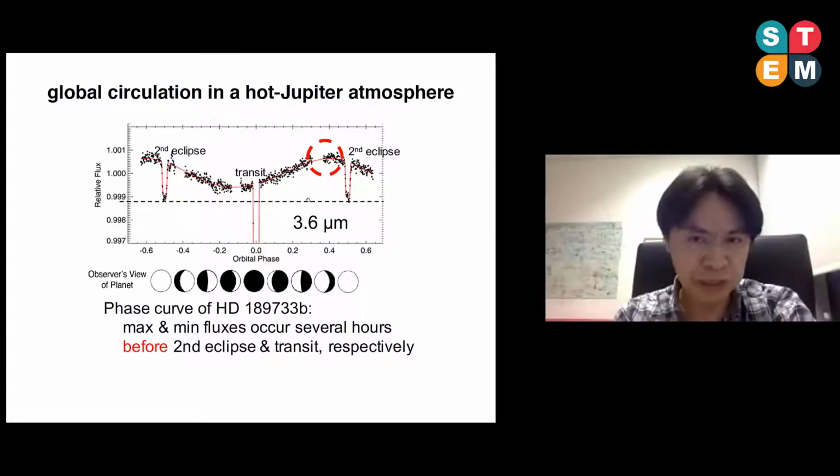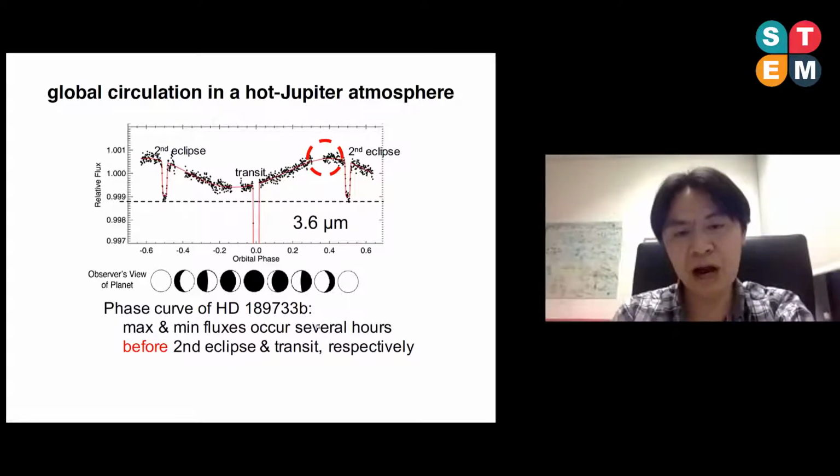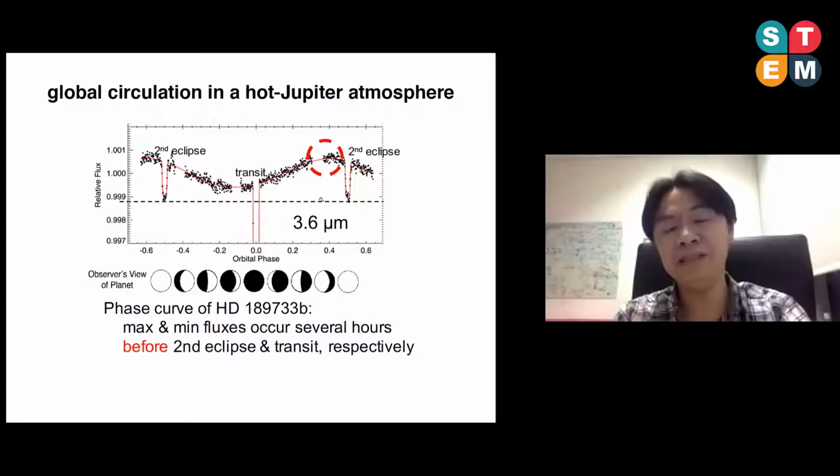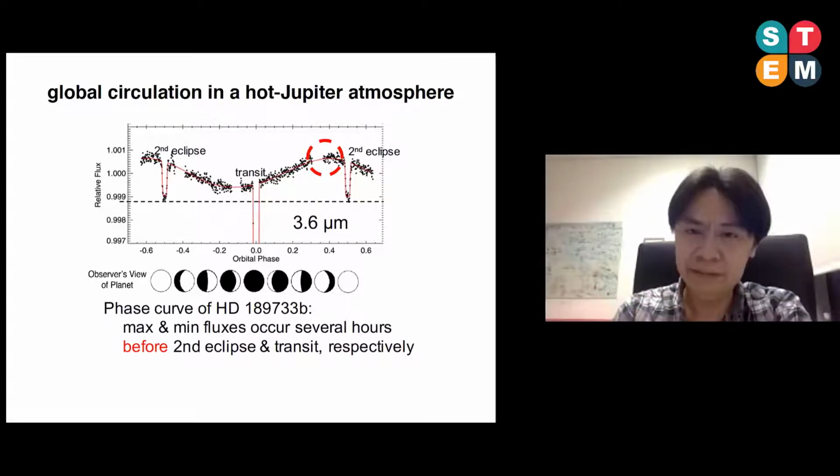But what is intriguing is that the maximum flux from the thermal emission of the planet actually occurs about several hours before the second eclipse. If we assume the planet is so close to its parent star that it's already tidally locked, then the maximum thermal emission should peak at the moment of the second eclipse, but it's not the case.